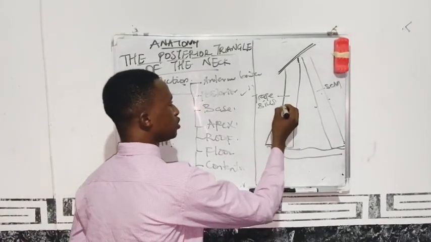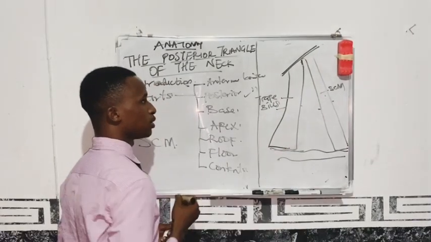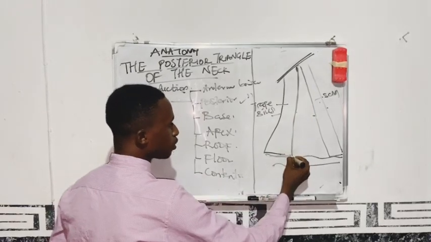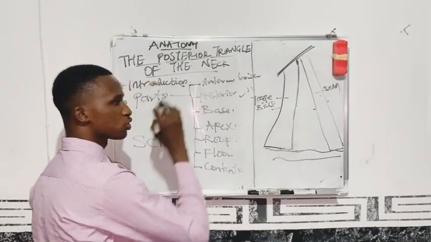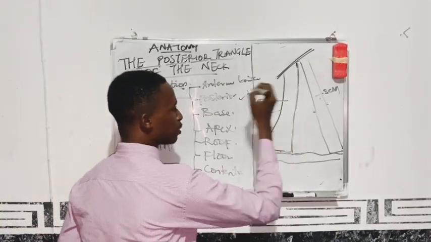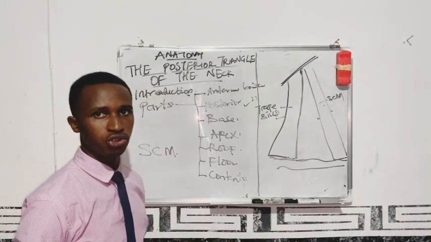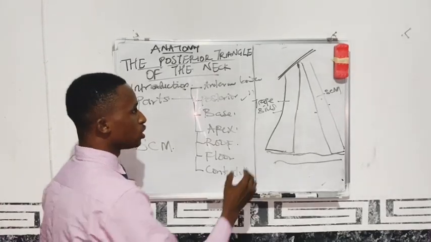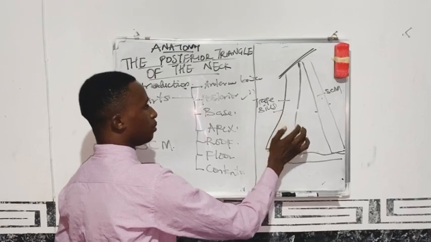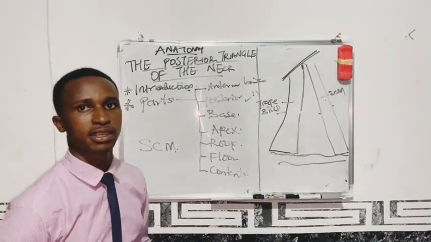It has the posterior border and it has the anterior border. The posterior border of the posterior triangle of the neck is formed by the anterior border of the trapezius muscle. So, the anterior border of the trapezius muscle forms the posterior border of the posterior triangle of the neck.